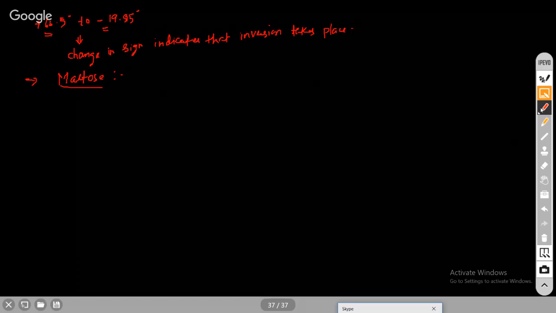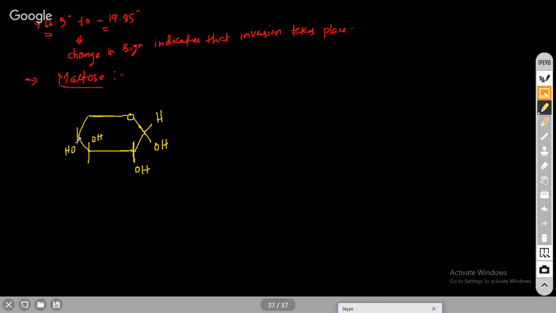Now you see, and you will understand why it is a reducing sugar. So two units of glucopyranose. Draw the structure of glucopyranose here, which will be like this. Alpha D glucopyranose is nothing but this: H, OH on the bottom, and then at the second position OH is on the bottom, OH on the top here, OH on the bottom, and CH2OH on the top.